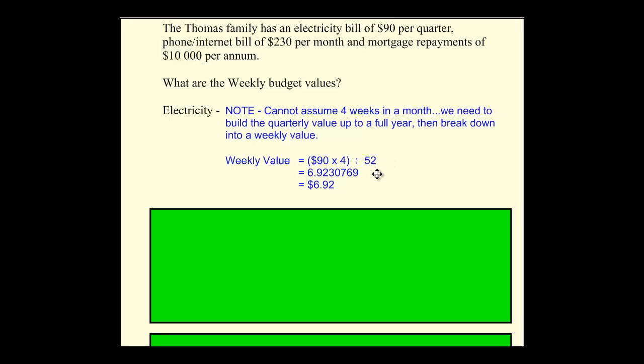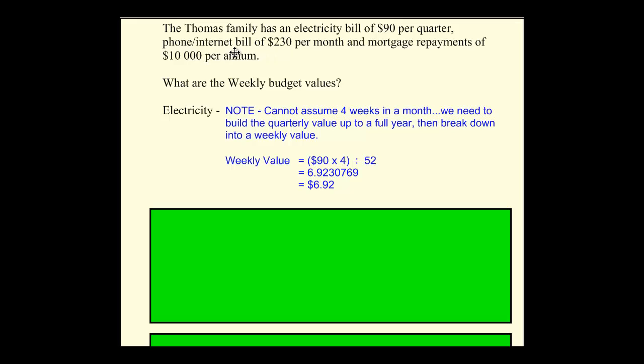And that comes in at 6.923 and so on. If we're working in general maths, we need our answer in the proper units, and we can go to 2 decimal places in money, so $6.92. This is what the Thomas family have to budget for the electricity bill.